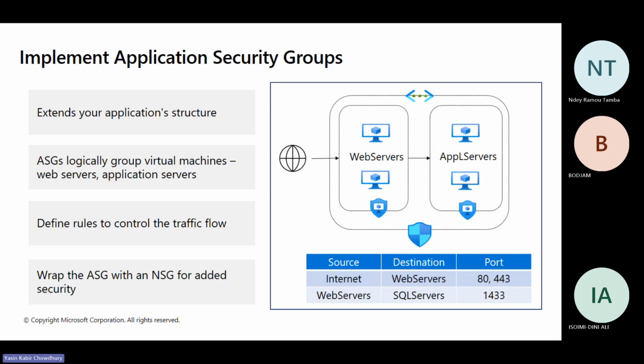This way you can create groups of PCs as application security groups and put rules on them. If 2 or 3 more PCs are added, all the PCs will follow those NSG rules. Okay. Now I am showing how to create an application security group.